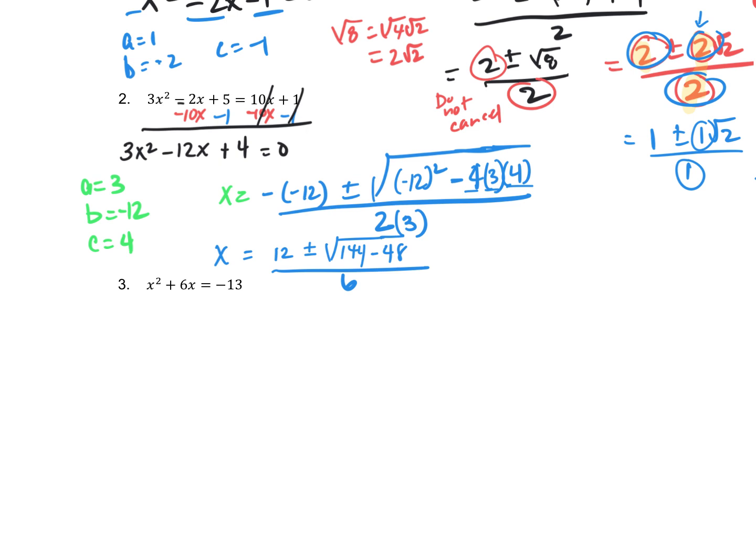Okay, so now let's finish what's on there. So I have 12 plus or minus the square root of 144 minus 48, which is a 96, all over 6.